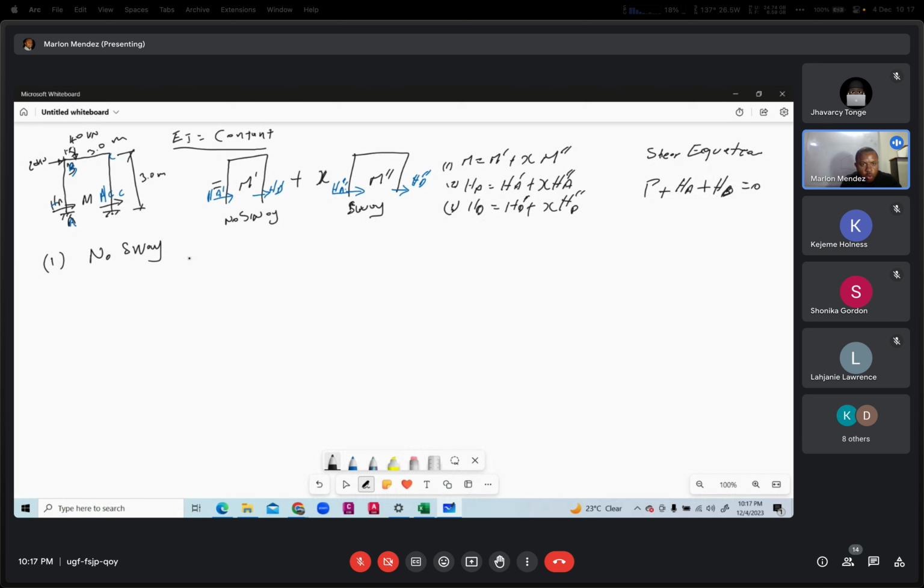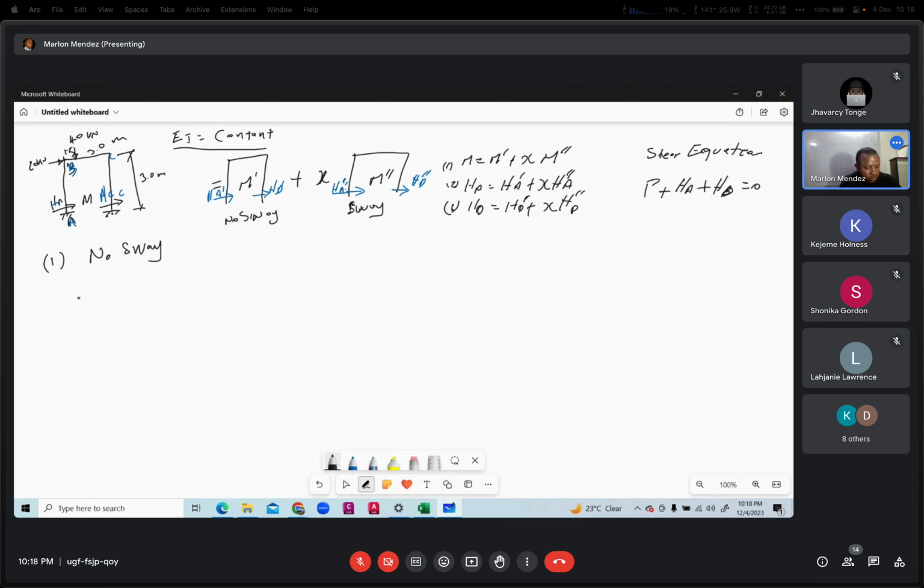All right. So what we do now is to find no sway. The first thing is to find what is called the distribution factor, for the BC joint. We're trying to find the distribution factor here and here for these joints.